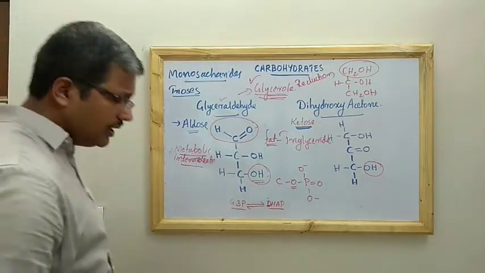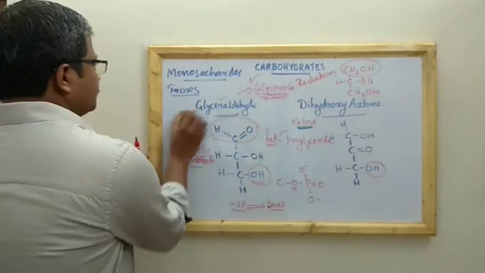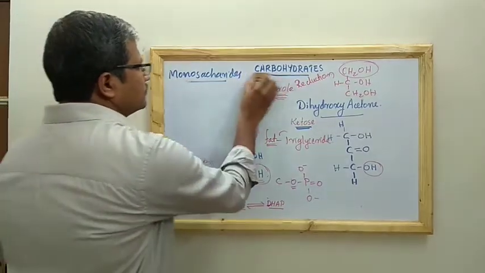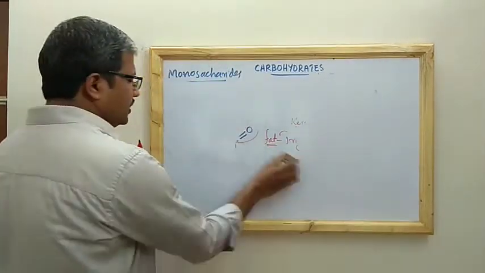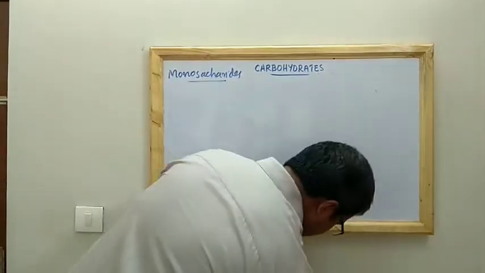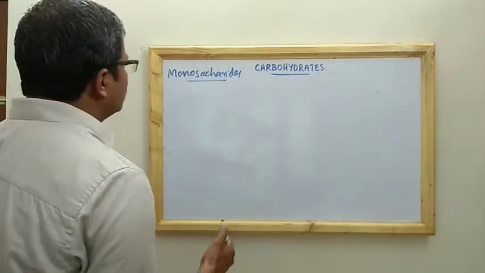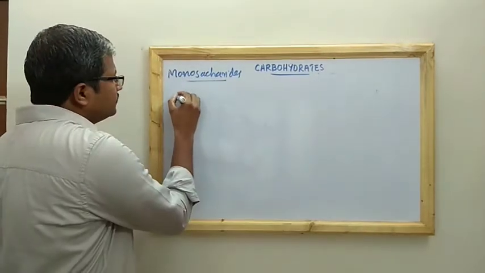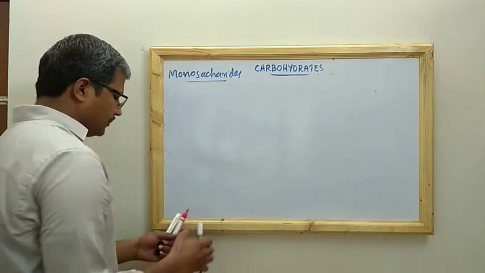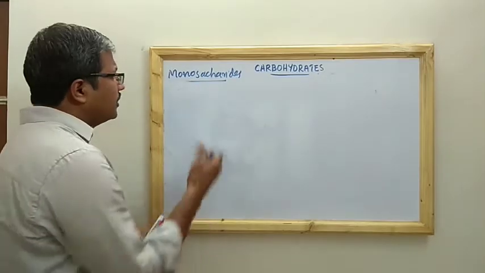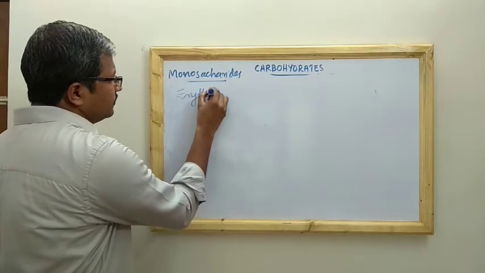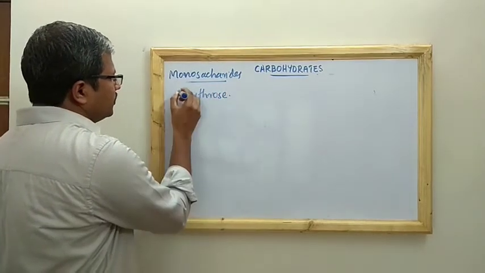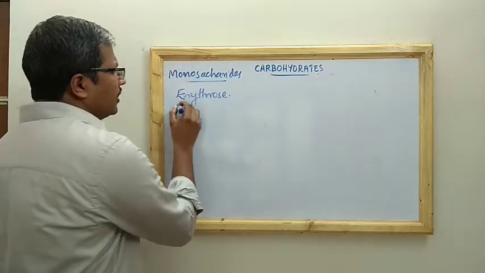Now let us move to the tetrose sugar. Only one example you have to learn, and that is erythrose.